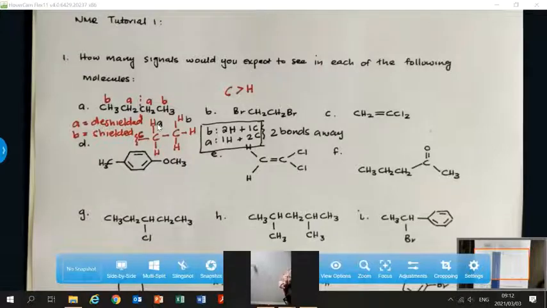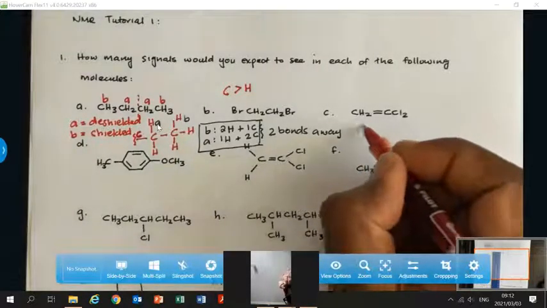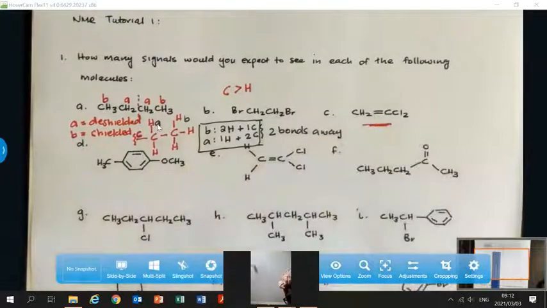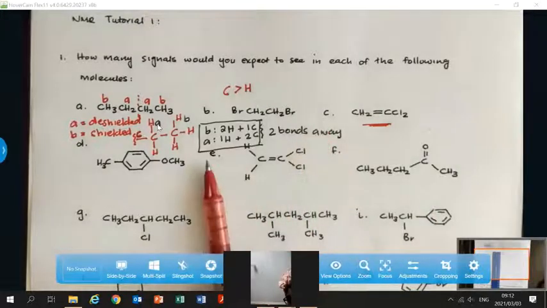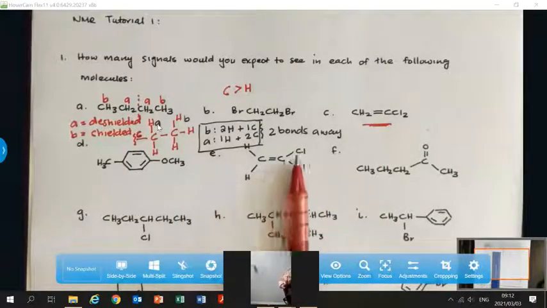The second example that I'm going to do now is this particular example here. All right, and if you look at C and if you look at your tutorial, C and E is exactly the same thing. It's just here I didn't extend the structures.